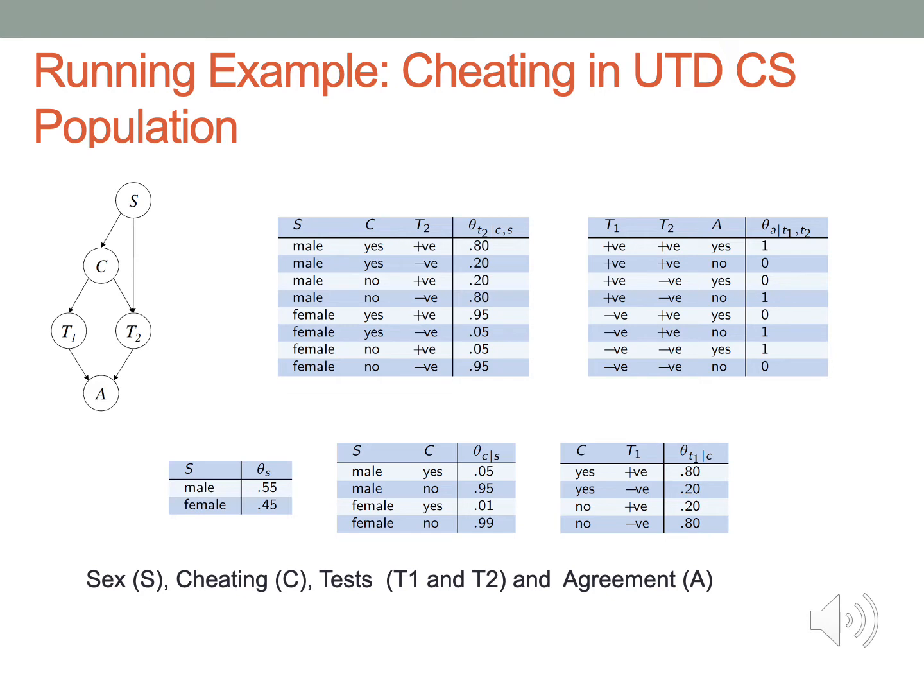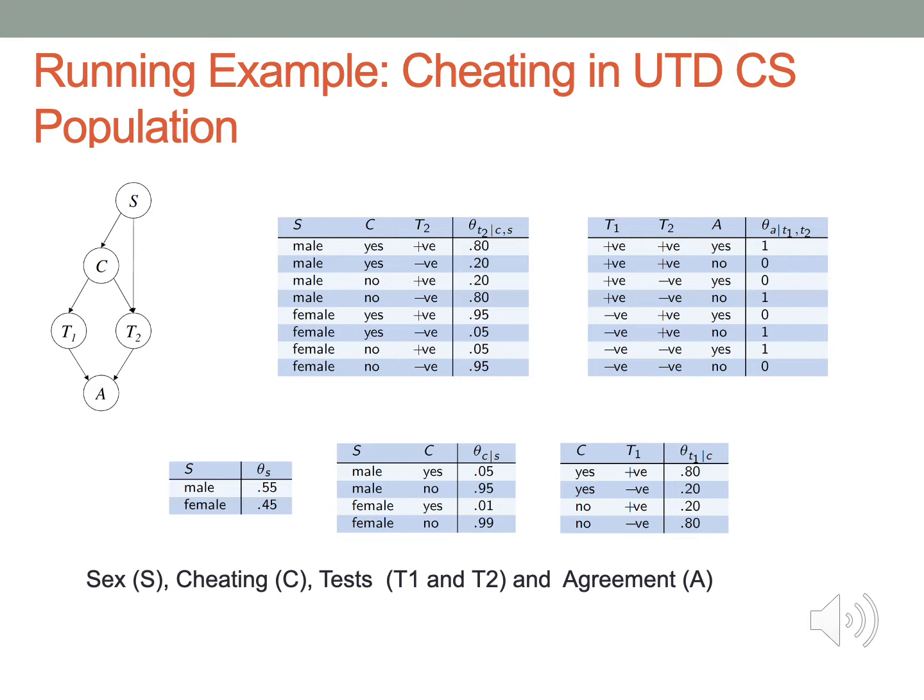The CPTs given on the slide define the conditional probability tables that are associated with the variables in the directed acyclic graph. Let us try to dive into the CPTs and see what kind of knowledge they represent.